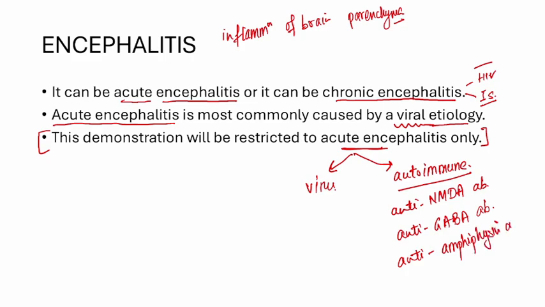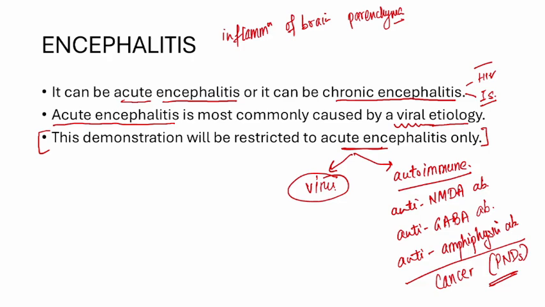These are a few examples of antibodies which cause an autoimmune response to the brain and cause autoimmune encephalitis. This autoimmune scenario is seen most commonly with cancers as paraneoplastic disorders of the CNS, right?